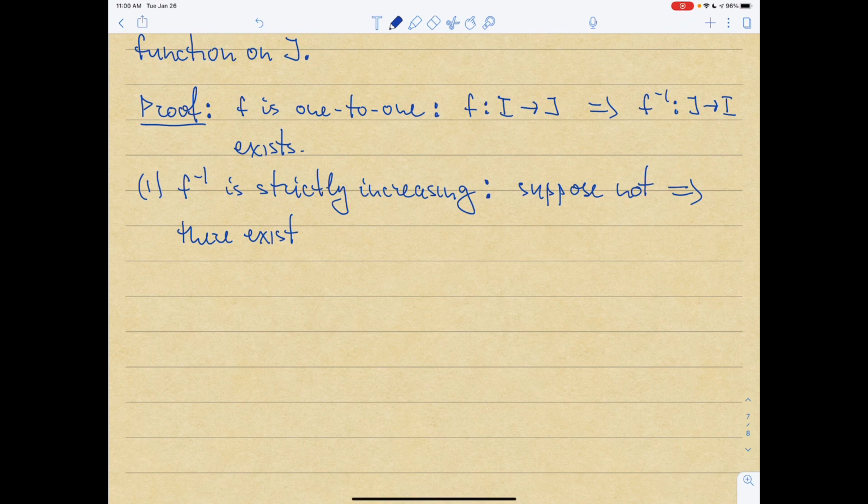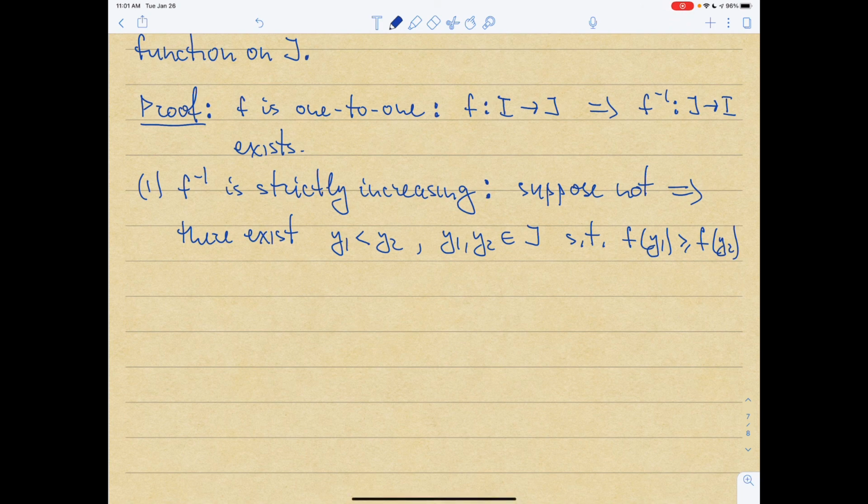There exist, now because we're working with f inverse, two points y1, which is less than y2, both y1 and y2 in J, and such that, well, if the function is not strictly increasing, then f inverse of y1 must be greater or equal than f inverse of y2, right?